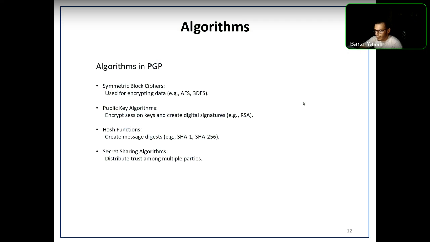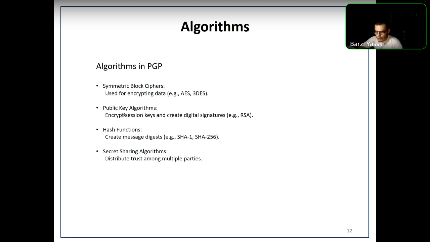Now we are heading to algorithms. In algorithms, we have four types, better to say. First one is symmetric block ciphers. This is for encrypting data by using Advanced Encryption Standard, AES, or Triple DES, or Data Encryption Standard. And second, public key algorithms.